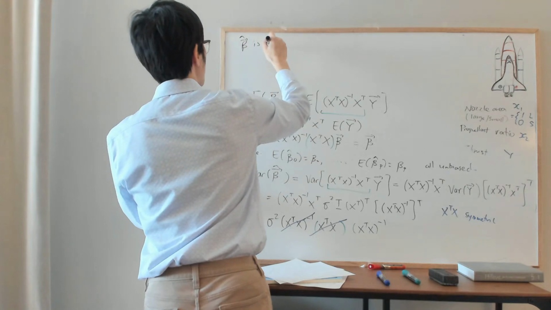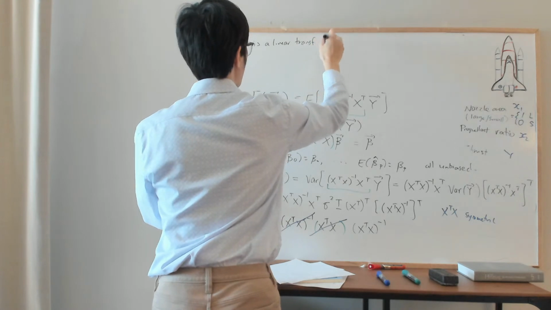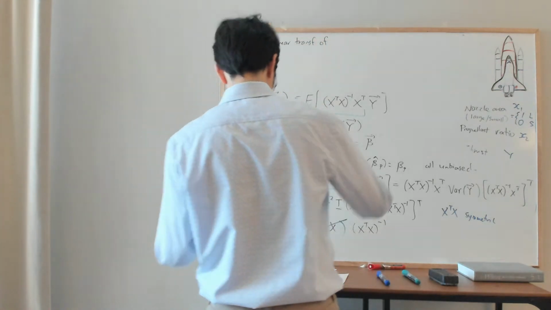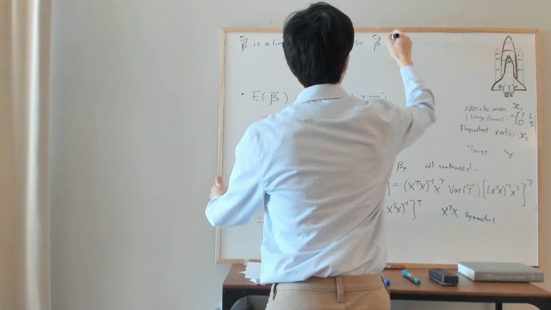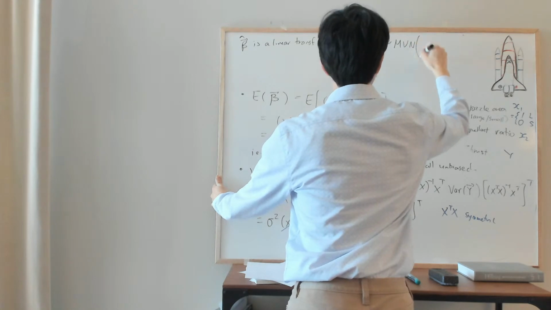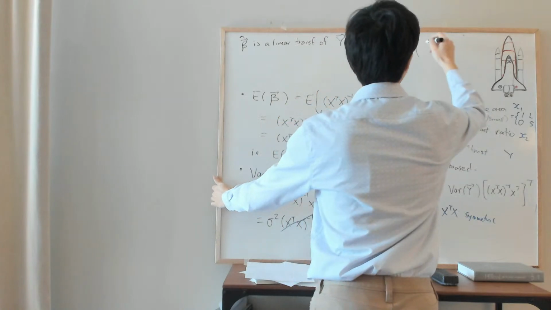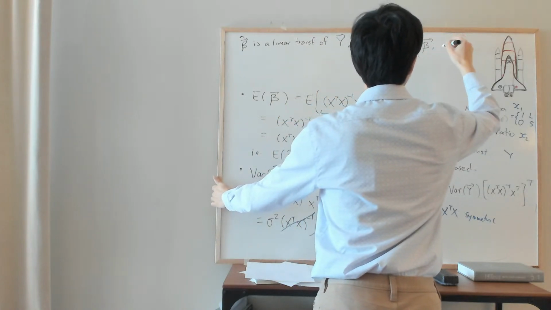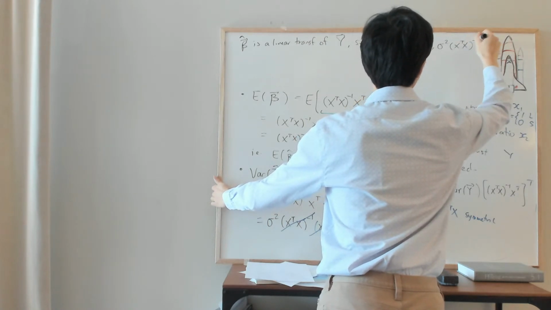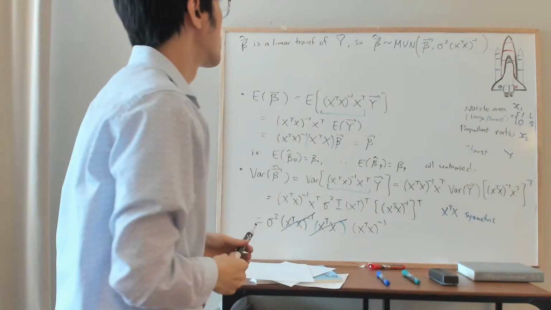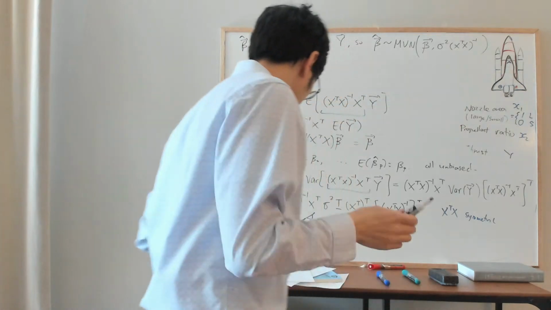Beta hat is a linear transformation of y, and so it is multivariate normal with this mean and covariance matrix, sigma squared X transpose X inverse. So, mean vector beta and covariance matrix.